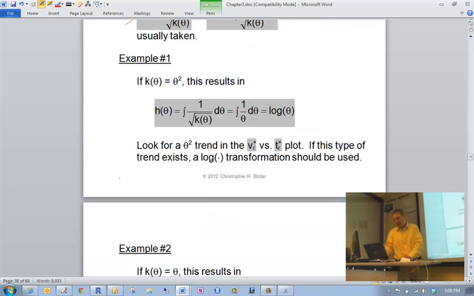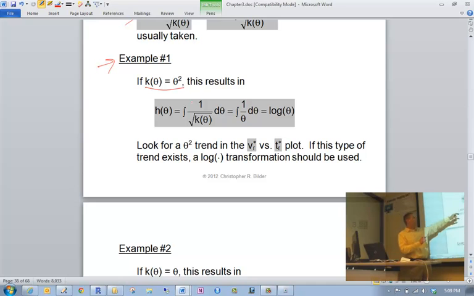So, example number 1. If k of theta was actually theta squared, just suppose it was, look what happens for h of theta. It ends up being the log of theta. So what does that mean for us then?